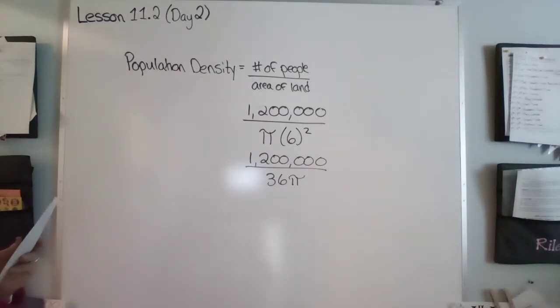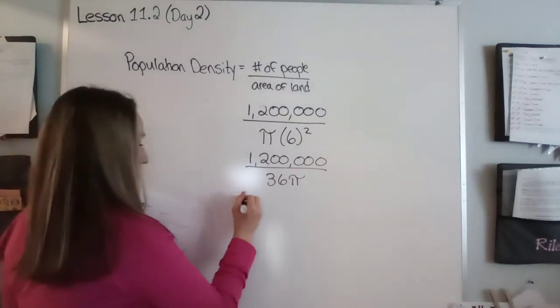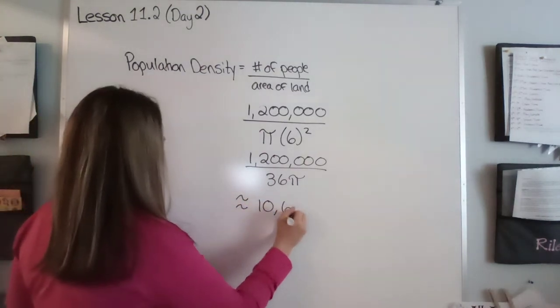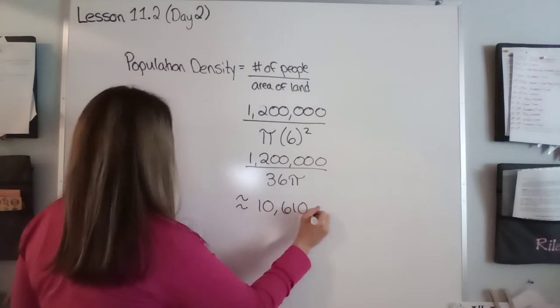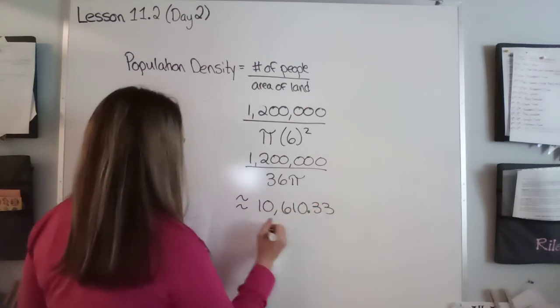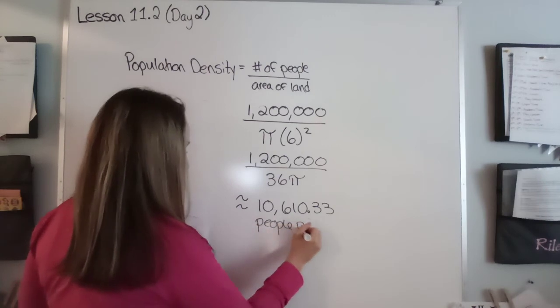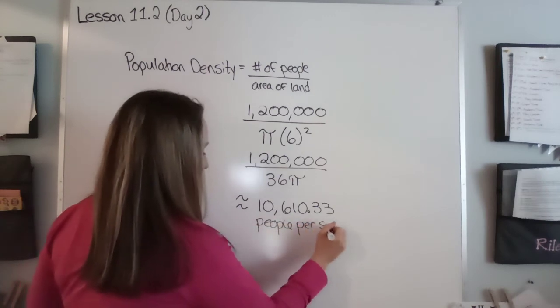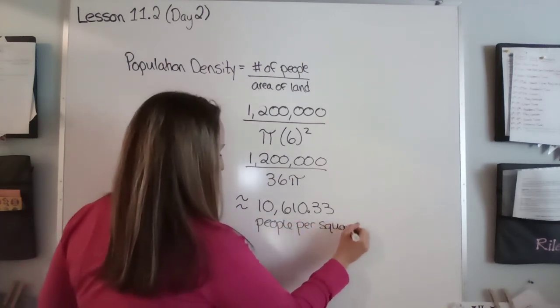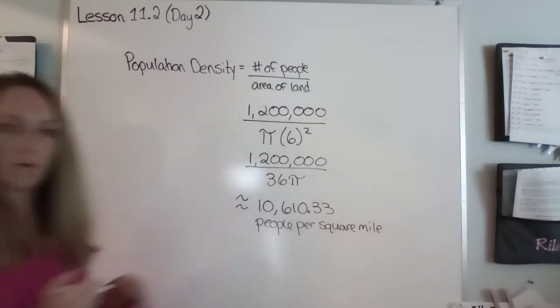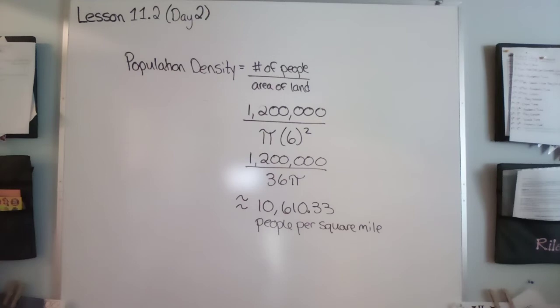And from there, we can just divide, and we're going to get approximately 10,610.33 people per square mile. Okay. So that is problem 2 from the practice.